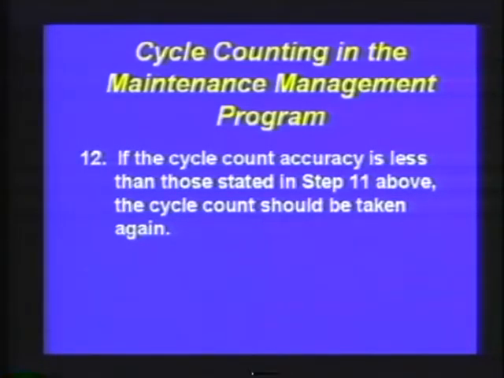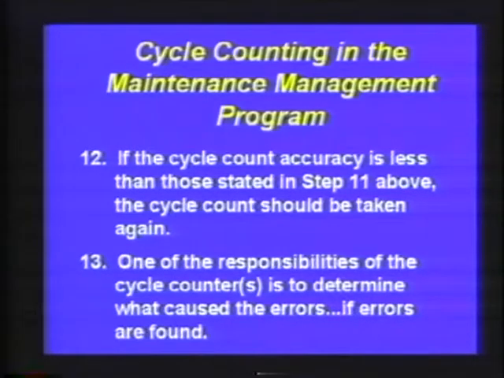And continuing now on page 17C, one of the responsibilities of the cycle counters is to determine what caused the errors if errors are found. That's a key byproduct of the training that is required to establish the cycle count program. The byproduct of cycle count errors is to determine what caused the error.